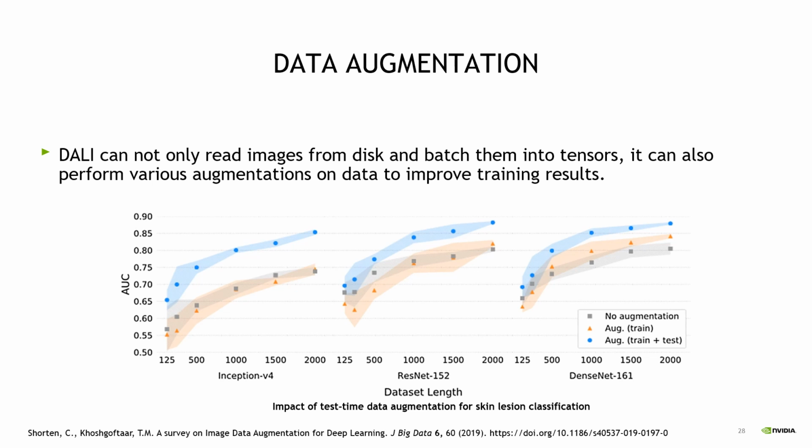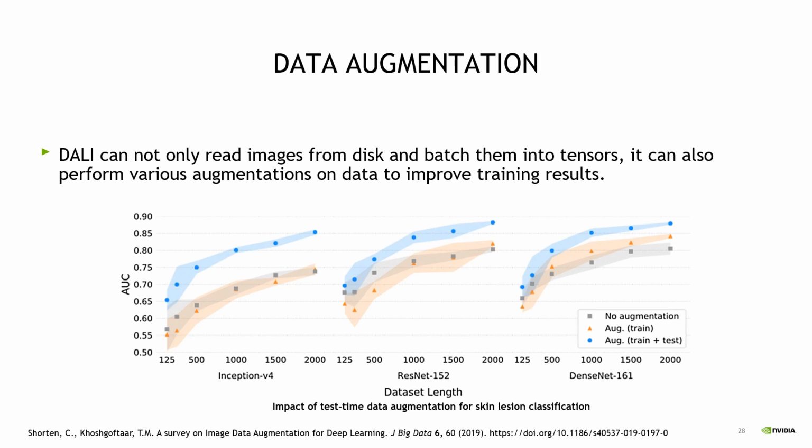But DALI can not only read images from the disk and batch them into the tensor, into the model, it can also perform various augmentations on data to improve the results. And I'm showing you a paper here that measured the performance across 3 different networks, Inception version 4, ResNet, and DenseNet. As you can see, in orange is the accuracy that you get without augmenting the data.